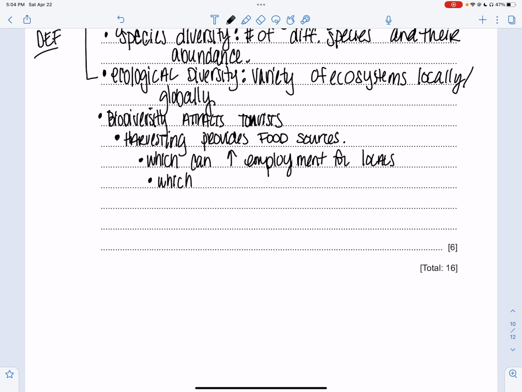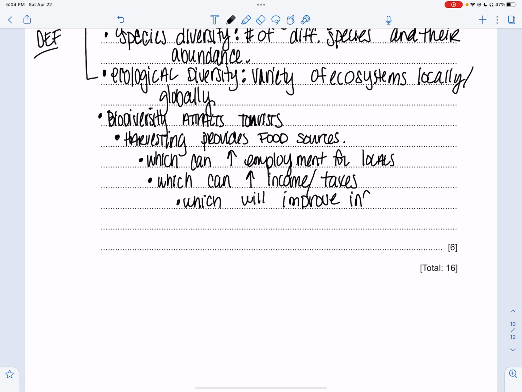which can increase income or taxes, which will improve, or can improve, if it's not corrupt, infrastructure. Infra is like the streets, transportation, roadways, sidewalks.